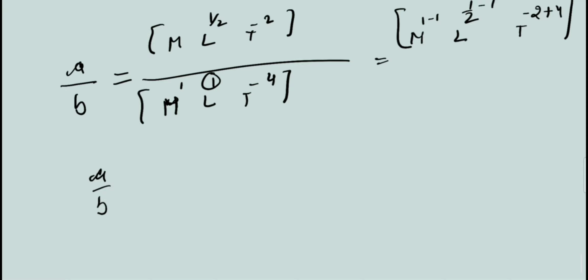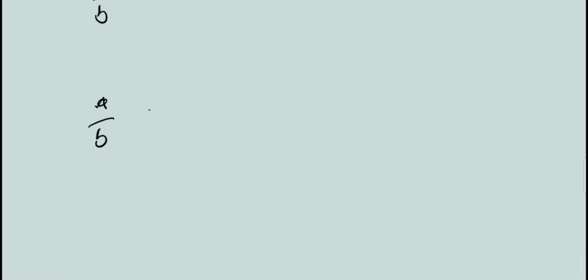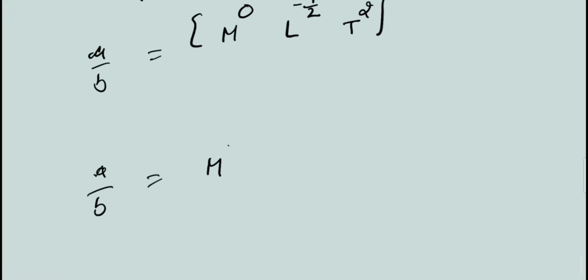So a divided by b is equal to M raised to power 1 minus 1 is equal to 0, L raised to power, this will become minus 1 by 2, T raised to power 2. So the dimensional formula for a upon b is M0 L minus half T square.